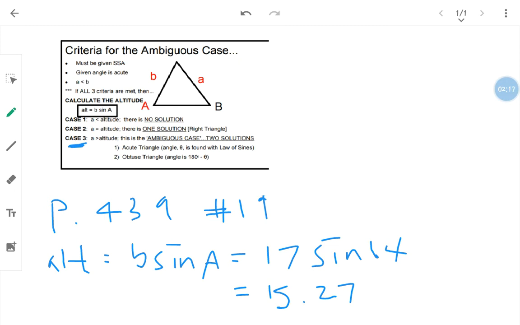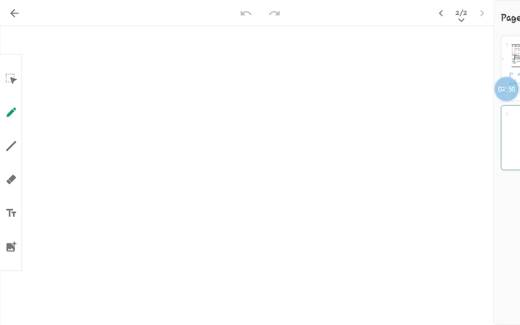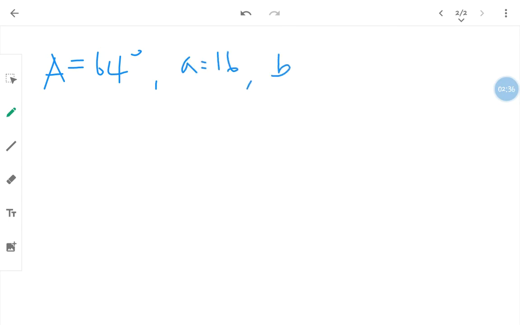So now let's work on it together. Now I'm going to work on the question. Your angle A is 64 degrees, and side A equals 16, side B equals 17. Let's draw the triangle. It may look like this.